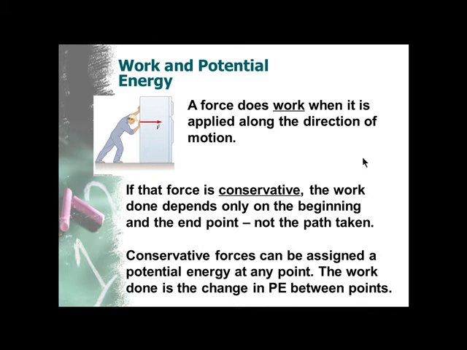And if this force is conservative, if he takes a different path, like say a crazy winding path like this, and ends up at the same point, well, if he does the same amount of work between those two different paths, the straight path and the crazy curvy path, then this force ends up being conservative, okay? Because the amount of work it did only depended on the beginning point and the end point. It didn't depend on how he got there.